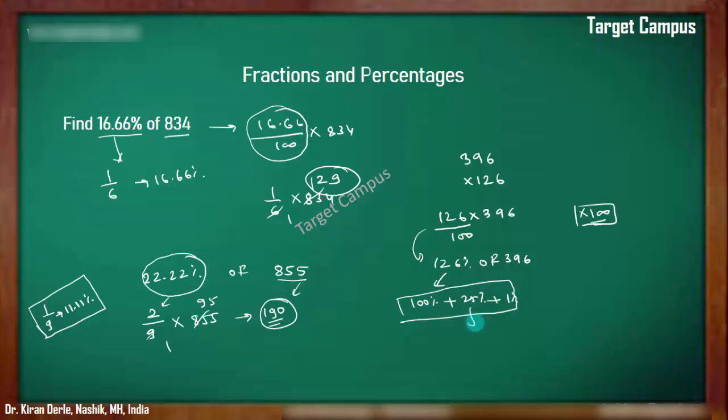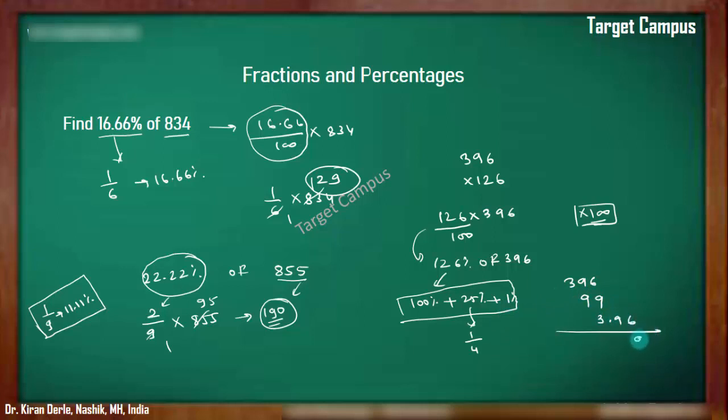I know 25% is nothing but 1/4 part. That's what I knew. So 100% of 396 is 396. 25% is 1/4. That means I have to divide this by 4, so 99, and then 1% of 396 is 3.96.